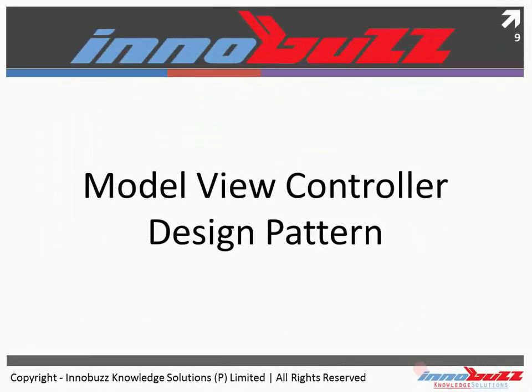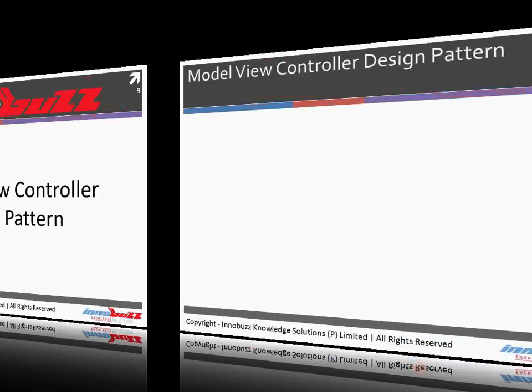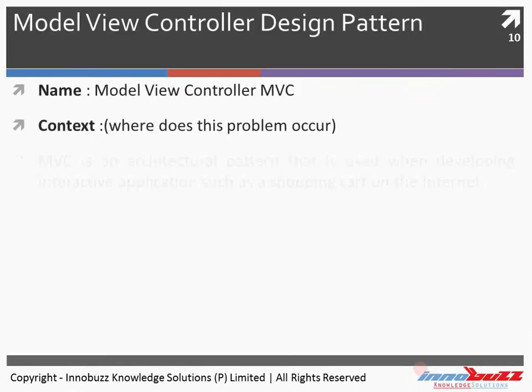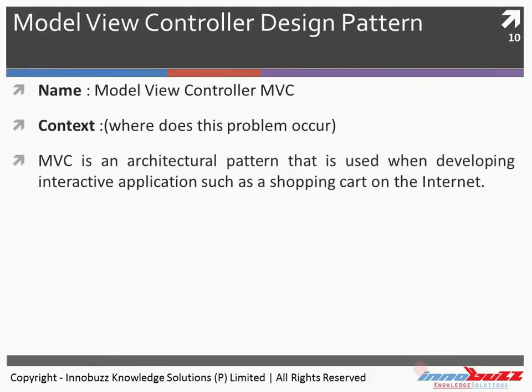Model View Controller design pattern, which is famous as the MVC design pattern. The name of this design pattern is Model View Controller. Context: where does this problem occur? MVC is an architectural pattern that is used when developing interactive applications such as a shopping cart on the internet.